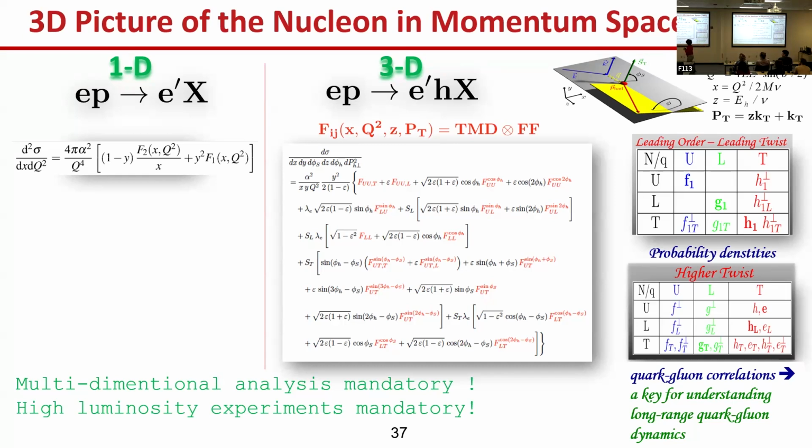Okay, good. So the transverse momentum parton distribution function. Why? At a certain point we decided to go beyond the one-dimensional structure of the proton. The push was mainly because there was this spin crisis.